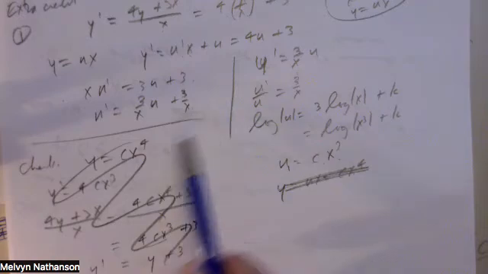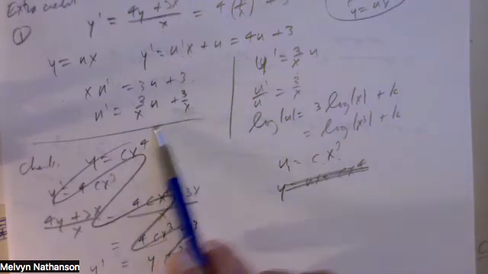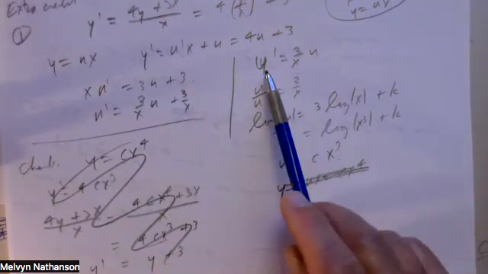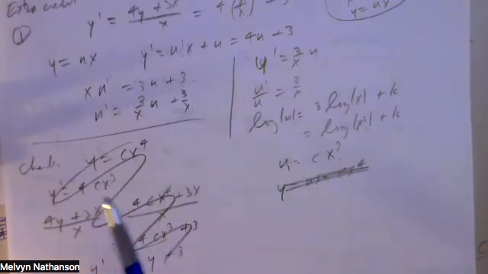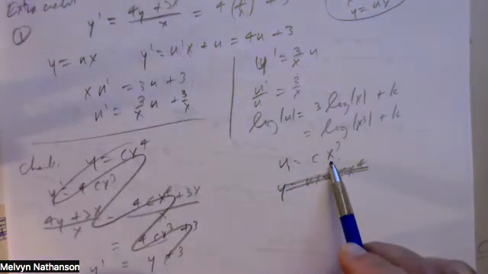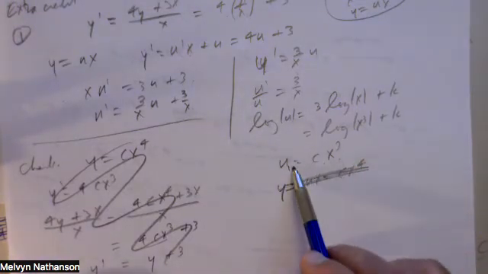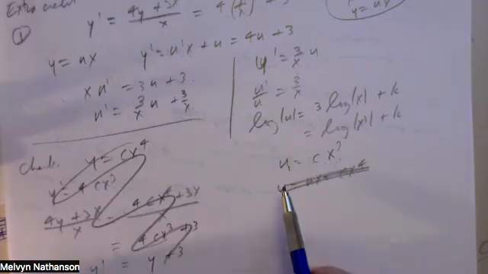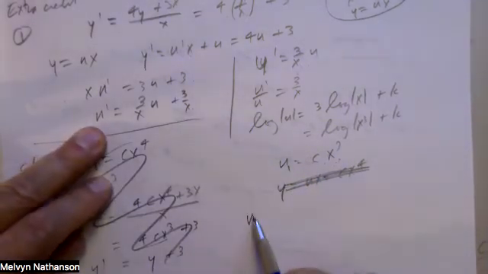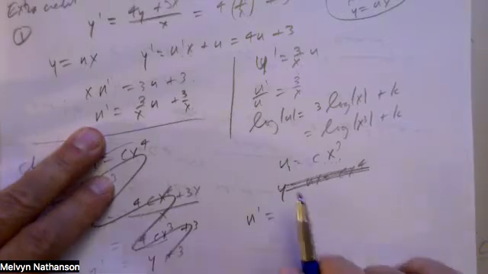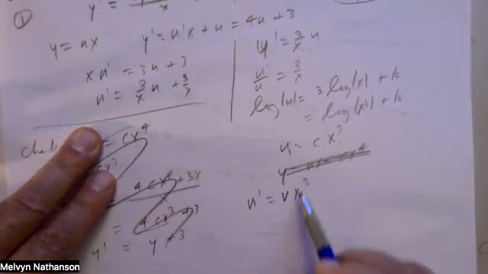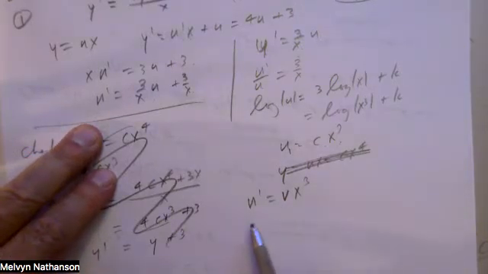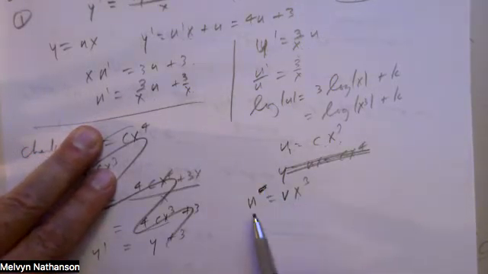So this is my differential equation. This is the complementary equation, where you make it equal to 0. So this is the homogeneous equation. The solution of this is constant times x cubed. So I then look for a solution of this equation where u is some other function, let me just call it v, times x cubed.